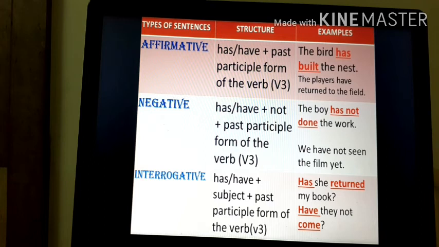In interrogative, it is has or have plus the subject plus the past participle form of the verb. As you can see, has she returned my book? Have they not come? So, in this, has she returned my book and have they not come are examples of interrogative sentences in the present perfect tense.